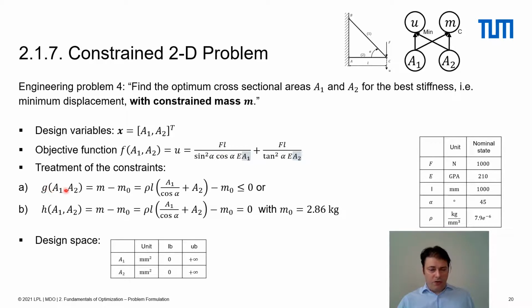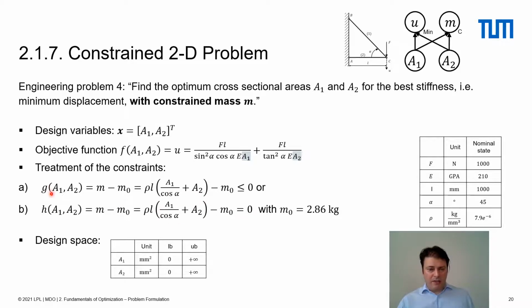And the treatment of constraints will just be the same, just that our constraint functions also depend explicitly now on A1 and A2. So here in the case of G, and exactly the same for H.